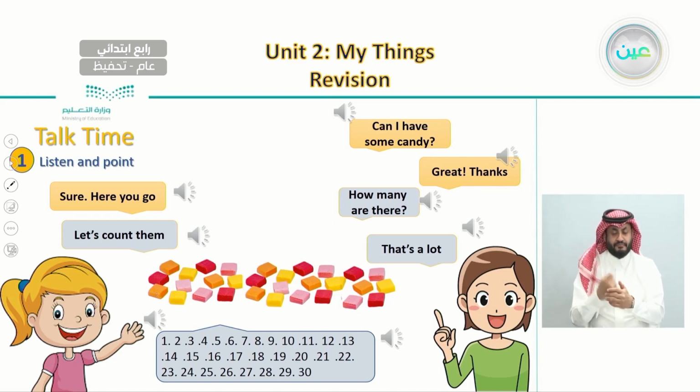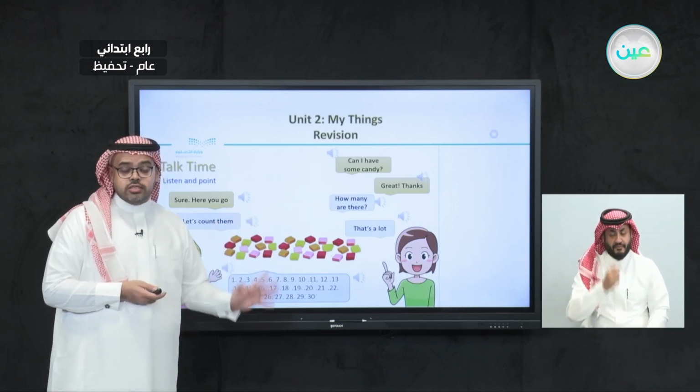So here we have 1, 2, 3, 4, 5, 6, 7, 8, 9, and 10, 11, 12, 13, 14, 15, 16, 17, 18, 19, 20, 21, 22, 23, 24, 25, 26, 27, 28, 29, and 30. So here we go. She has 30 candies.